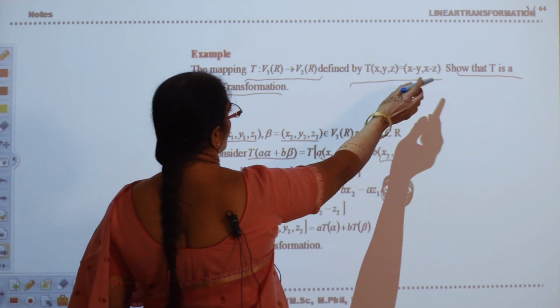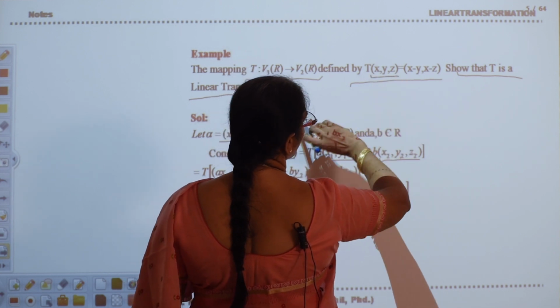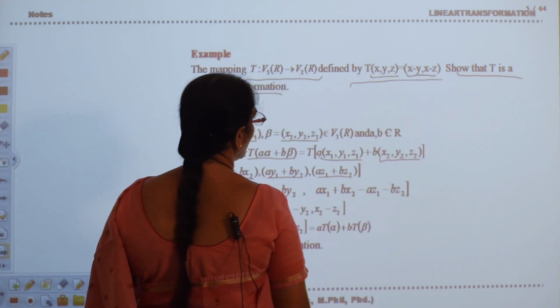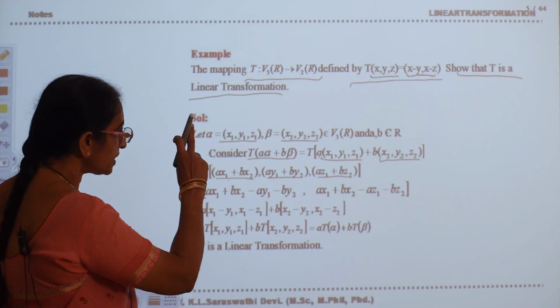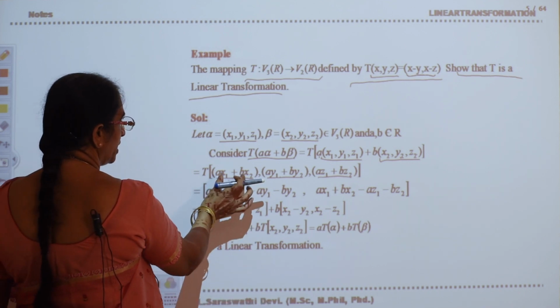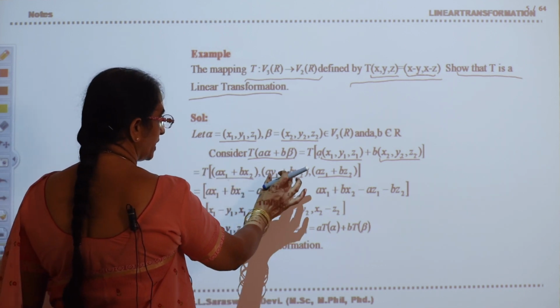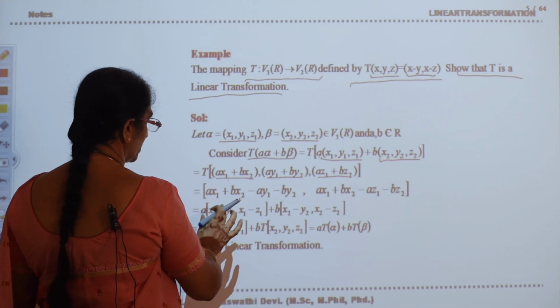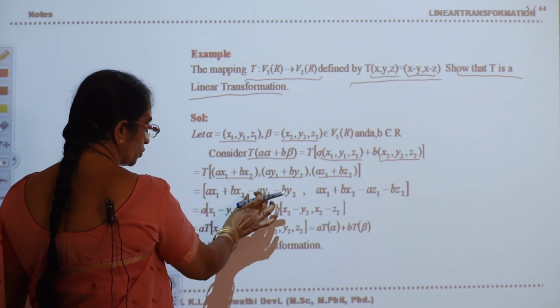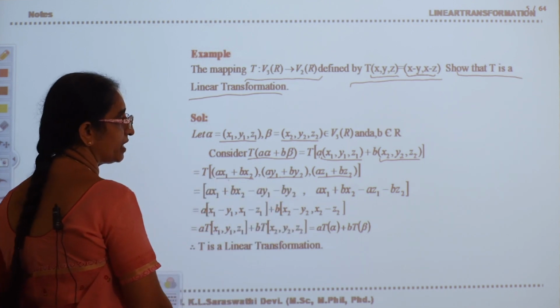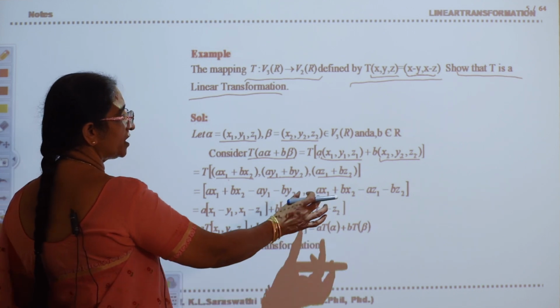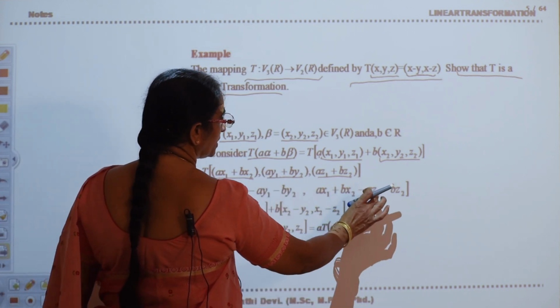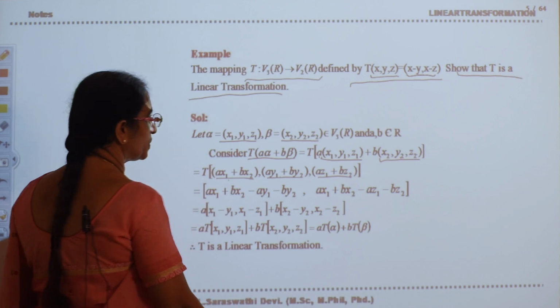Apply the given transformation. T of (x, y, z) is defined as (x minus y, x minus z). x is the first component, here ax1 plus bx2, and the second component is ay1 plus by2: ax1 plus bx2 minus ay1 minus by2, comma, ax1 plus bx2 minus az1 minus bz2.